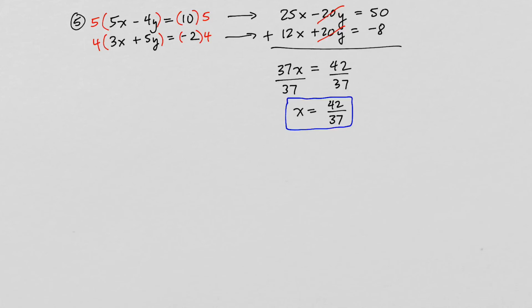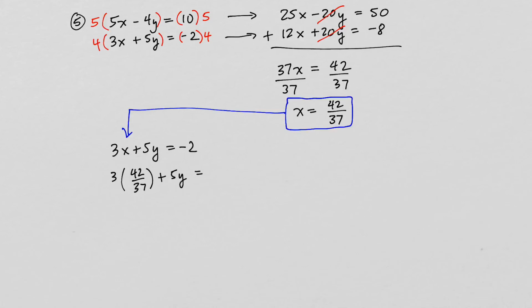So once we know what x is, we now need to figure out what y equals. And so to do that, I'm going to substitute the value of x into one of the two equations. I'm going to choose to plug it into the second equation. Here's the second equation. I'm going to put x equals 42 over 37 into here. And when we do that, we get 3 times 42 over 37 plus 5 times y equals -2. 3 is like 3 over 1.